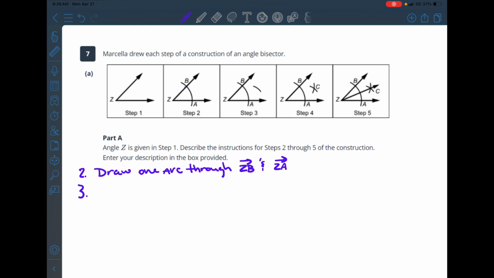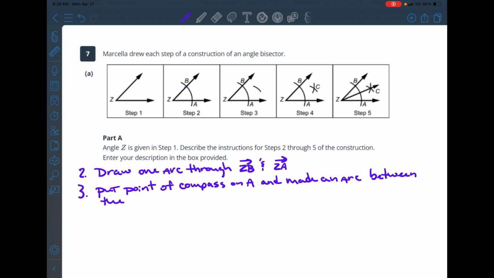So in step 3, what did we do? We put the point of compass on A and made an arc between the two rays.